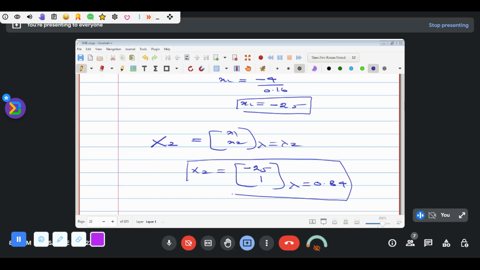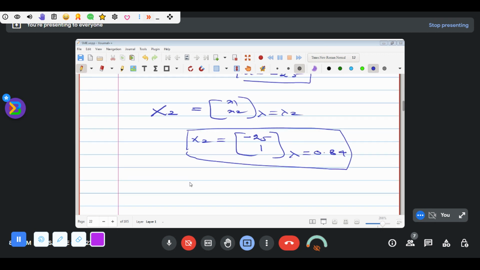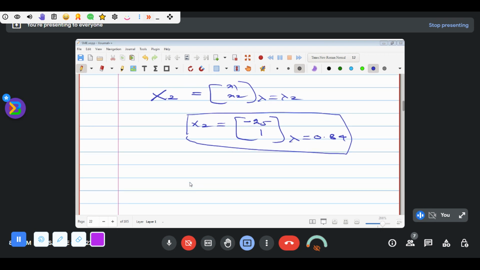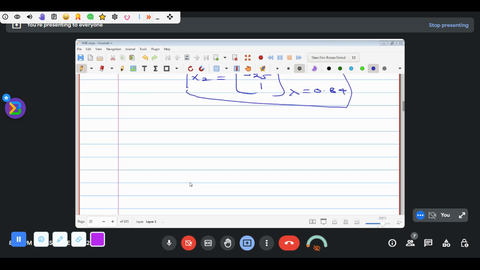Any doubt up to this step? Okay, so the 2 eigenvectors are completed. What is the next concept?